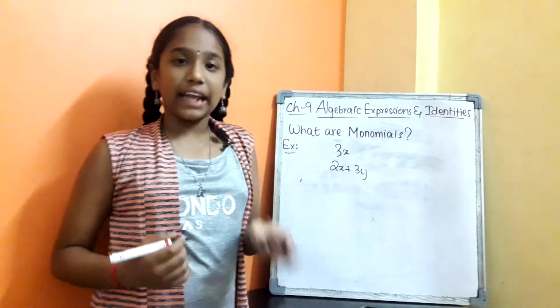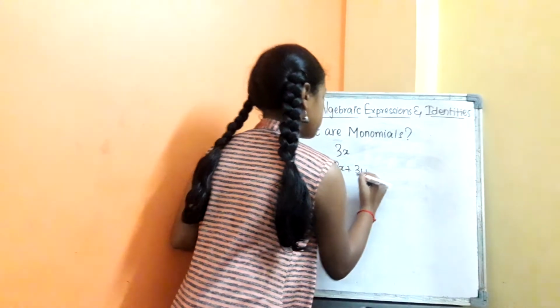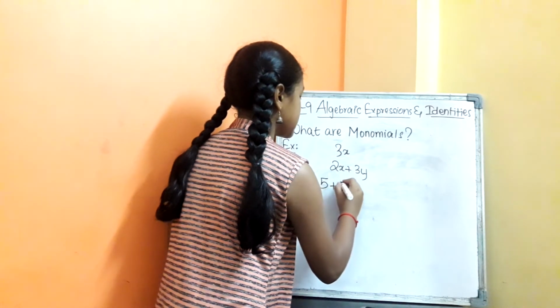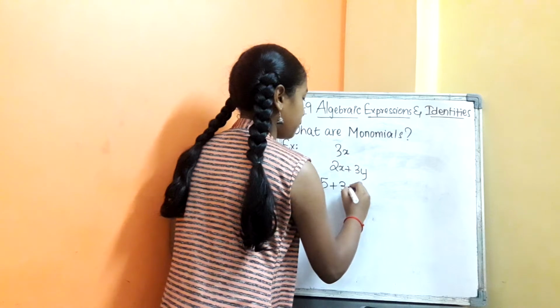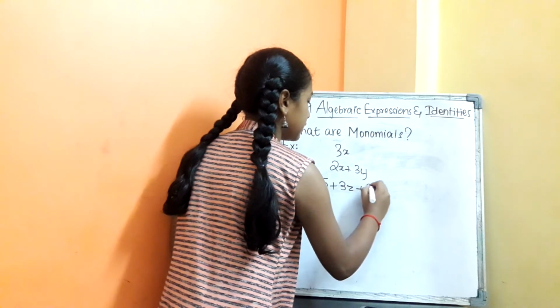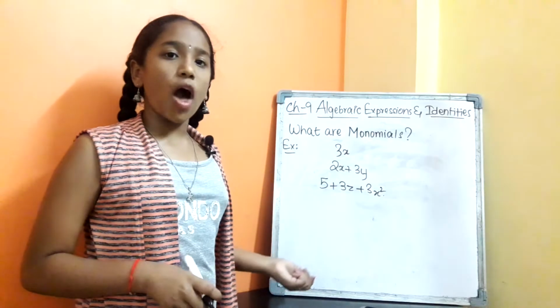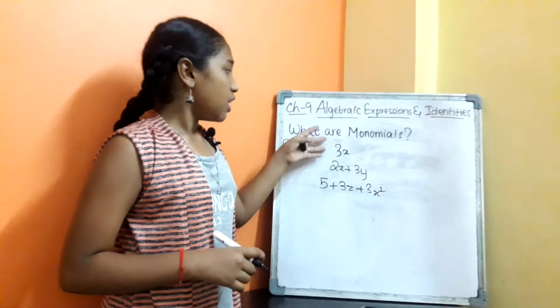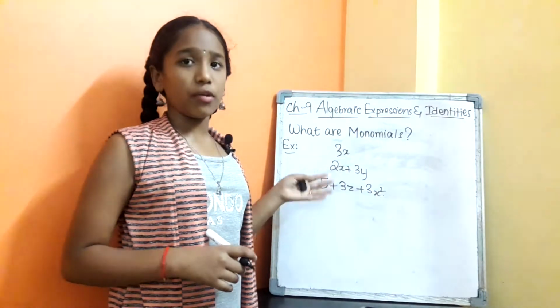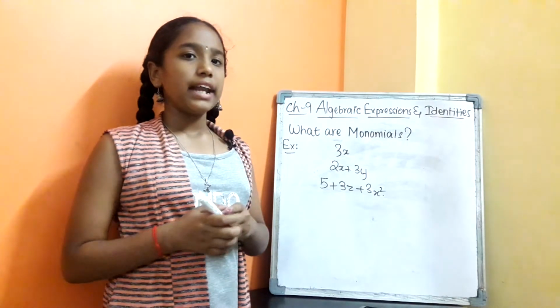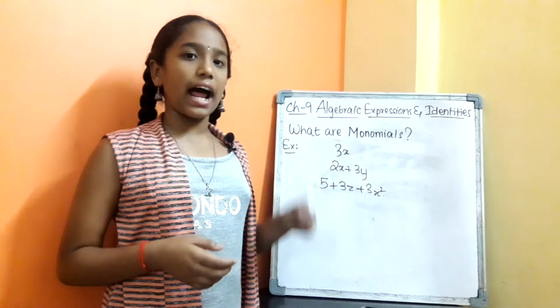Next, what is trinomial? 5 plus 3z plus 3x square. This is trinomial. And polynomial, having 4. So all this together is called polynomial, and having more than 3 terms is also called a polynomial. Next, let's go to like and unlike terms.